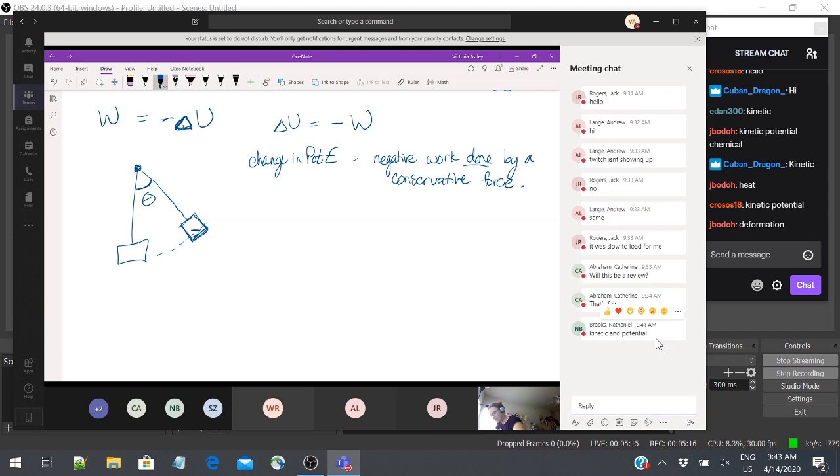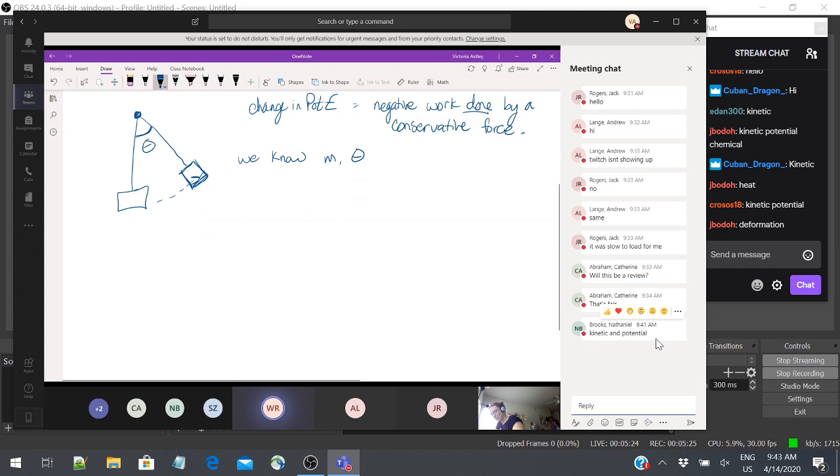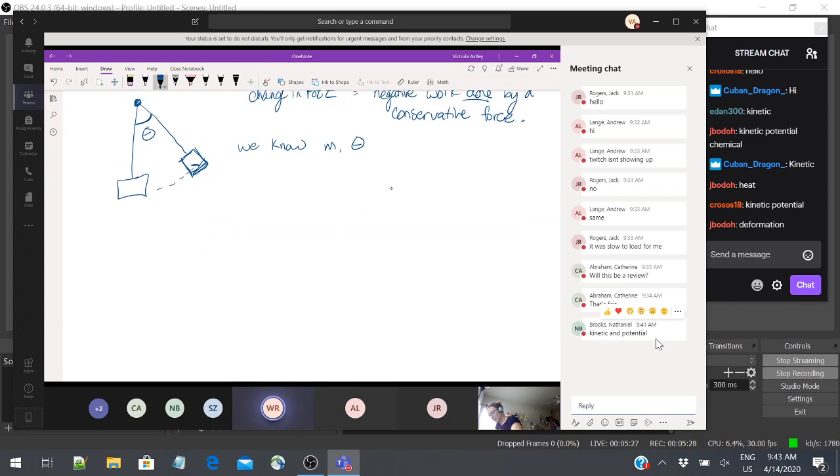Let's say we know the mass. Let's say we know theta. Can you tell me how much work did we do to pull out that mass from vertical to some angle theta?